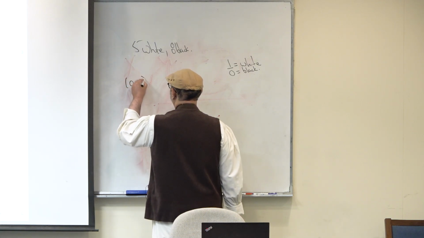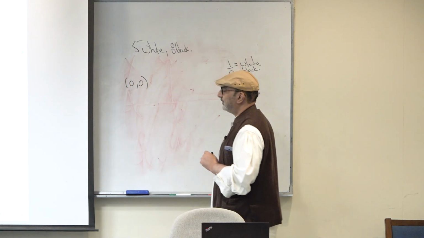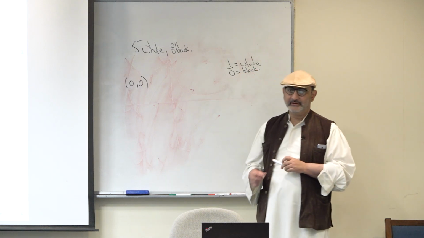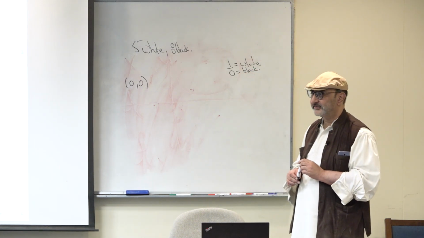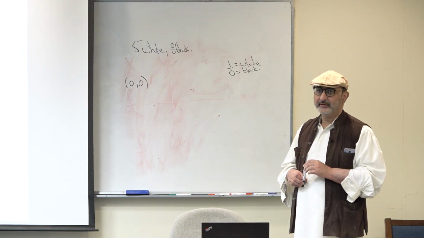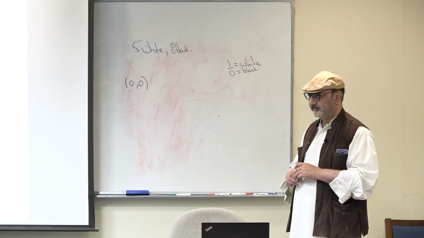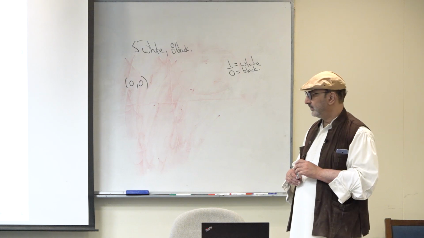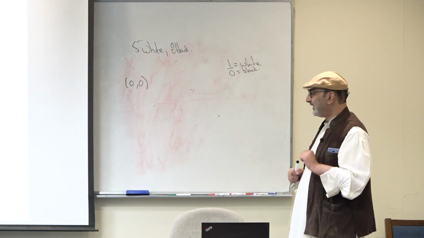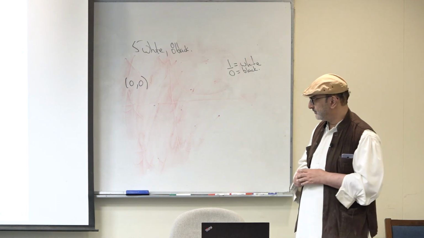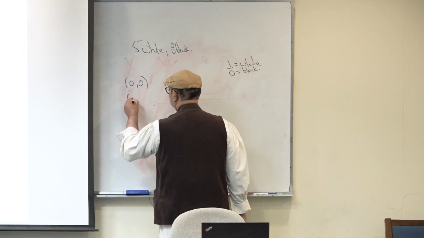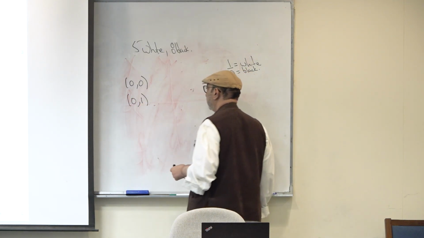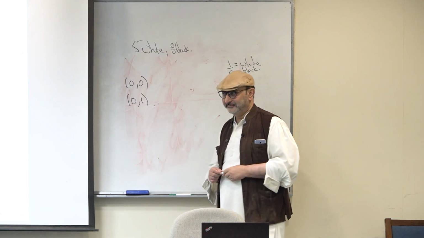Let's just be clear on what these mean. If I say the result for X and Y listed as ordered pairs is (0, 0), what does that mean? Both marbles are black: you drew a black and then you drew a black. (0, 1), what does that mean?